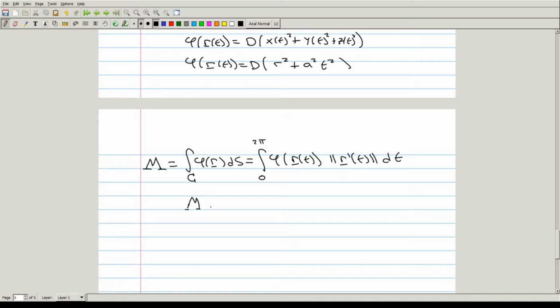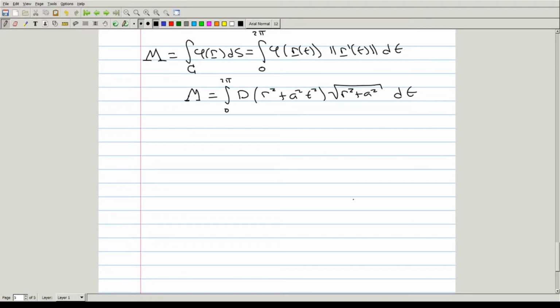So the total mass is going to be equal to the integral from 0 to 2 pi of d times r squared plus a squared t squared times the magnitude of r prime of t, which is just the constant square root of r squared plus a squared, dt. And now this becomes an integral that we can directly evaluate.